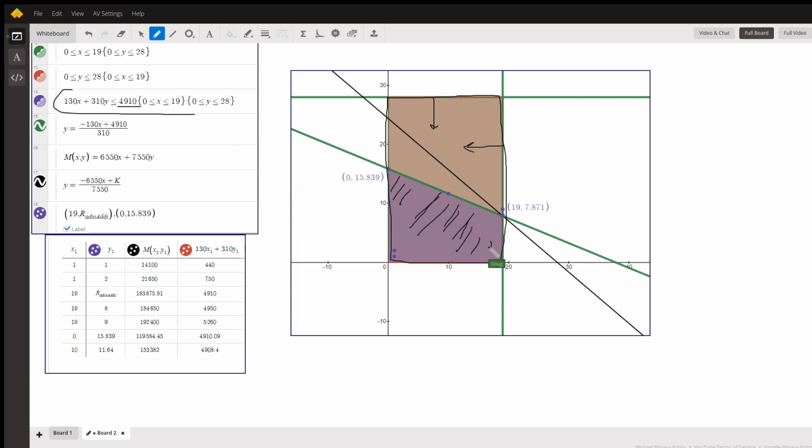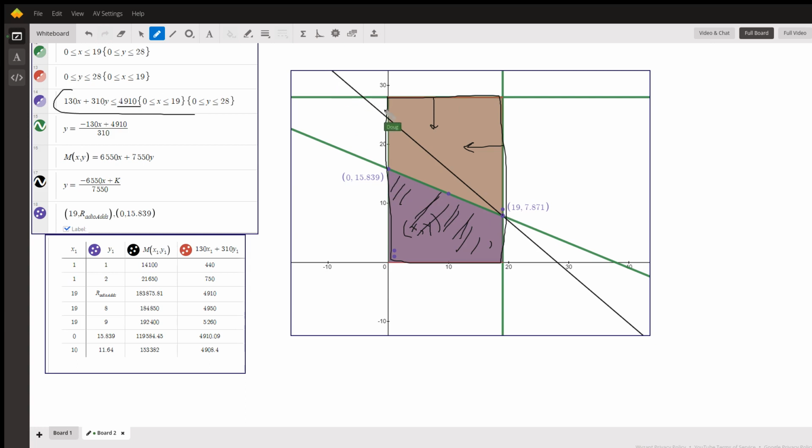And linear programming says that if you pick any X and Y in this feasible region and plug it into the objective function, you're going to get the exposure. But the linear programming theorem proves that the X and Y in the feasible region has to be at one of the vertices.